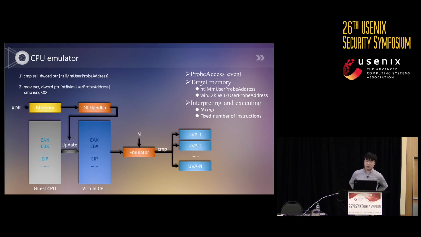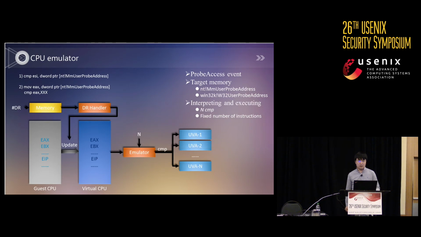This value is the user mode address space boundary. We call the address of this variable the target memory, and we use a debug register to monitor the target memory. When the guest OS accesses the target memory, the debug exception handler in the hypervisor will capture it. The handler updates the virtual CPU of the CPU emulator, so the guest CPU of the virtual machine.